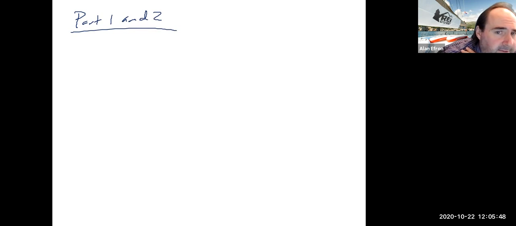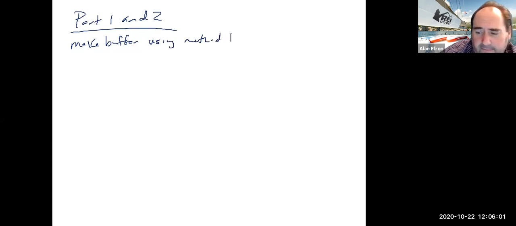That's when you're going to basically make a buffer using what they refer to as method 1, I believe. And method 1 is essentially you're just going to go to the shelf and pick up your combination of a weak acid and conjugate base, or a weak base and a conjugate acid.